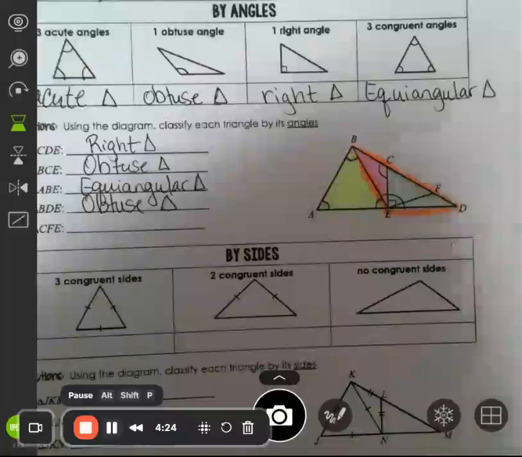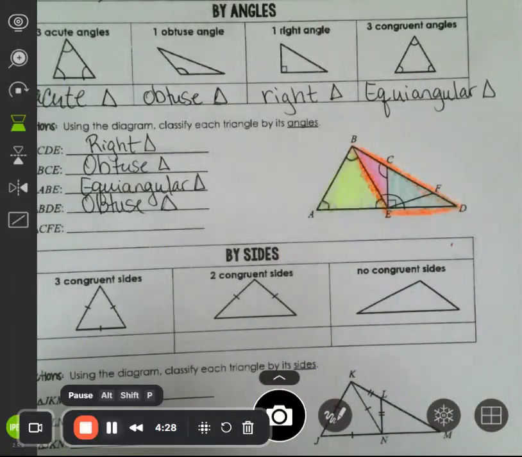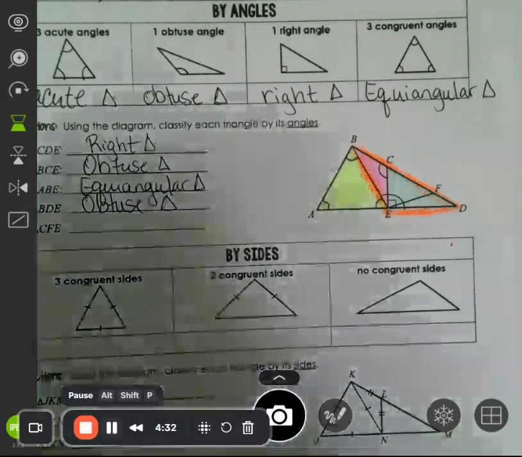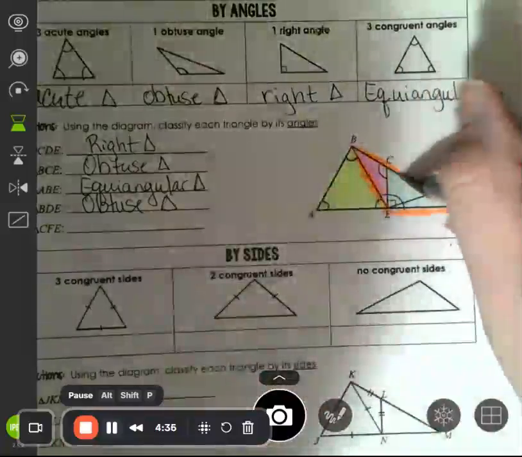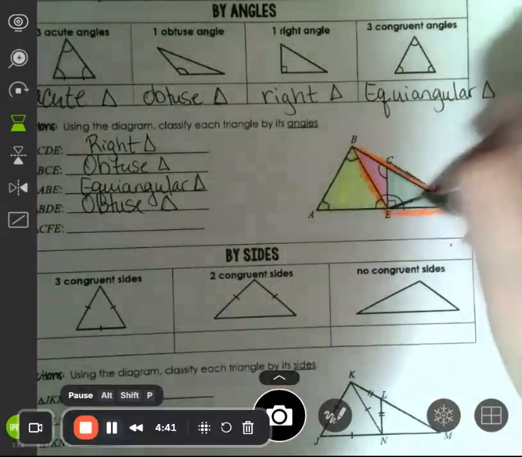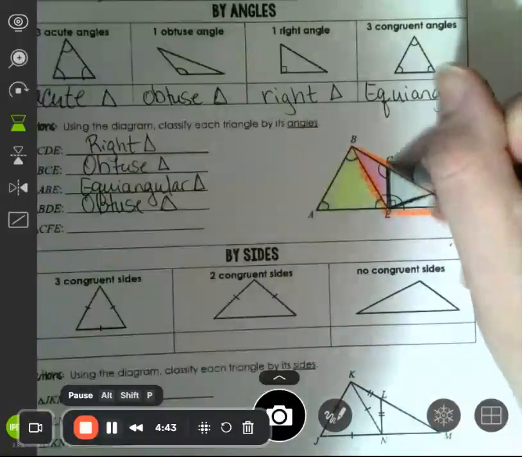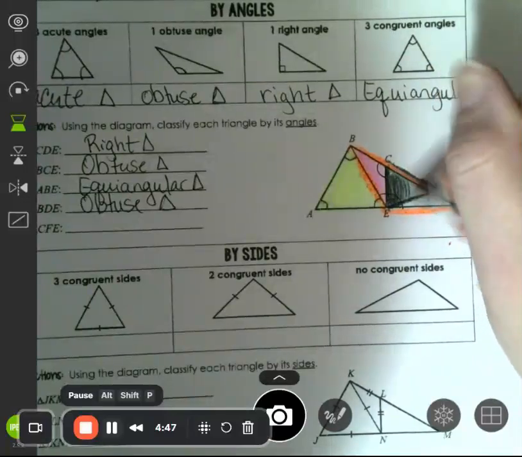All right, last but not least here, let me get a little darker color because I'm probably going to have to go over. Triangle CFE, C down to F over to E. Kind of hard to see, I'm going to go ahead and shade it in.